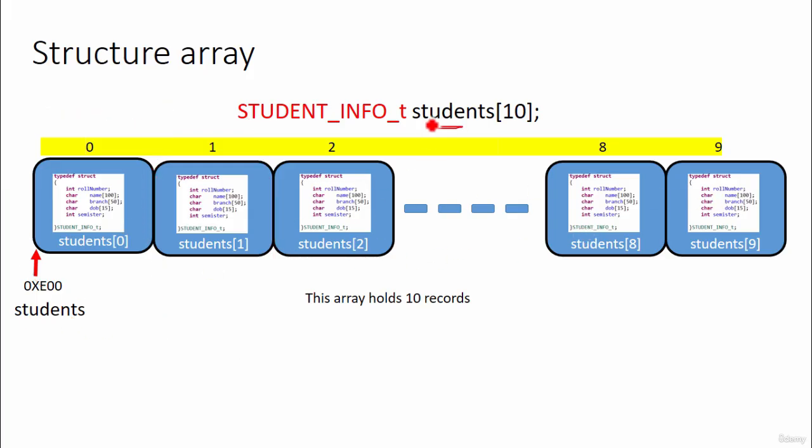And this is the array variable, which is pointing to the base address of the array. If you do students plus plus, what happens? It will be incremented by the size of this structure, isn't it? That's why it will be pointing here like that. So here students is a variable of type student_info_t star.